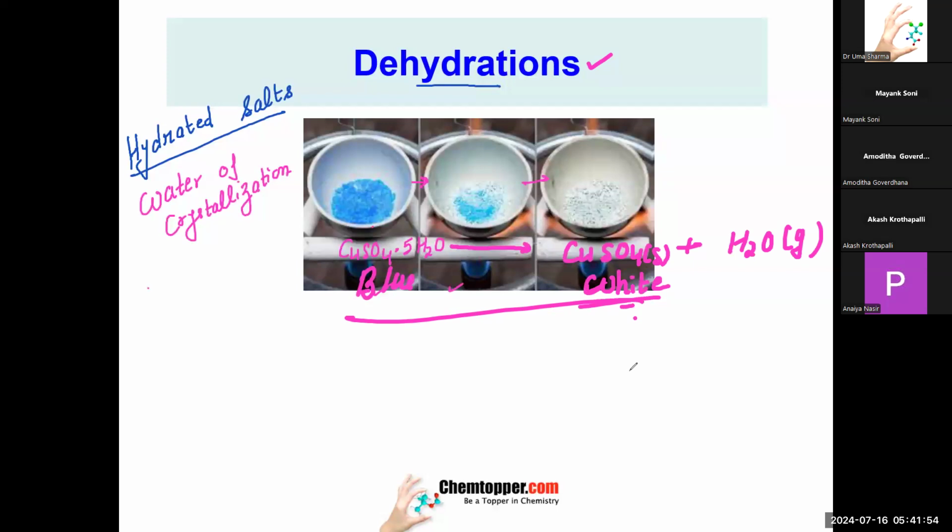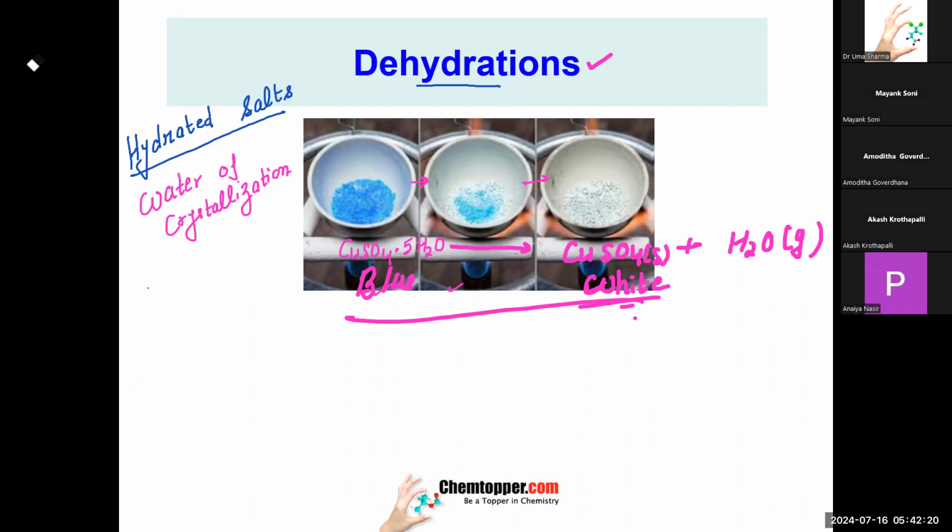But generally in organic chemistry, we do dehydration by using some acids also. Some compounds act as good dehydrating agents like P2O5, H2SO4. It's not needed for your level, so just ignore it. They are dehydrating agents. When you add these compounds to some substance, they will remove all the moisture.